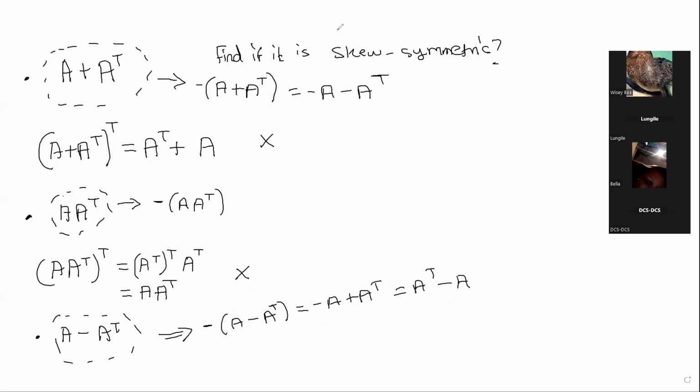I'm just gonna erase the ones on top. Now let's just do it in one line here. Maybe change the color. So I'll just do this, A minus A T, then I put a T here.